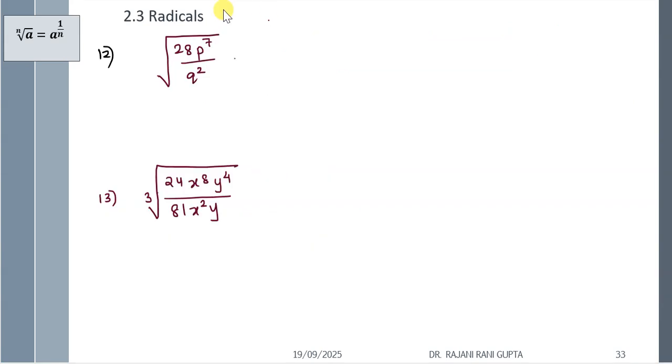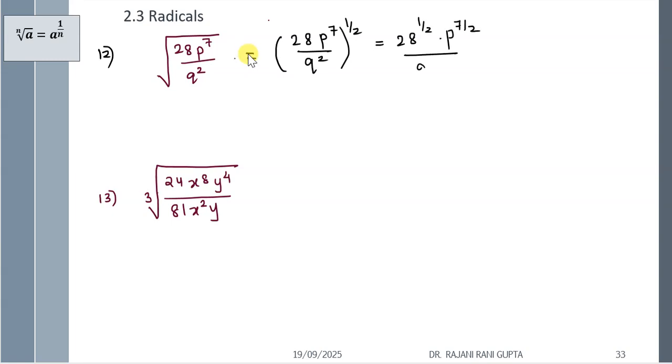So let's quickly solve these two questions, since it's a root, it means power half: 28 p power 7 over q power 2, all power half. So you can write it as 28 power half, p power 7 over 2, and q power 2 over 2. If you look at 28, you need to check the factors. 28 you can write as 7 times 4, which is 7 times 2 power 2.